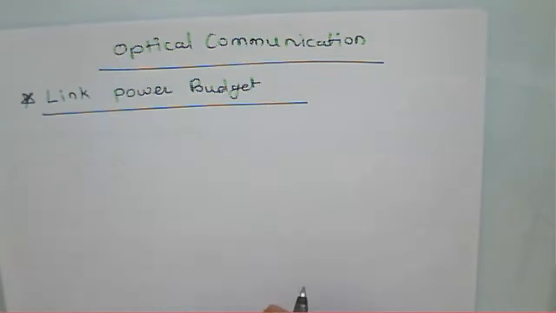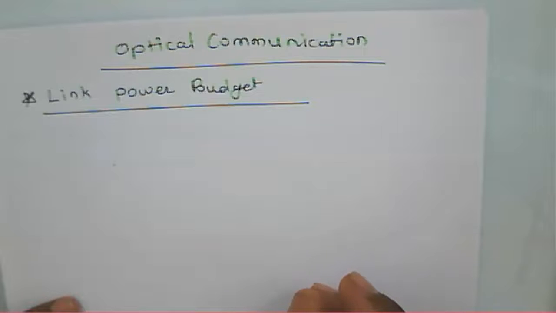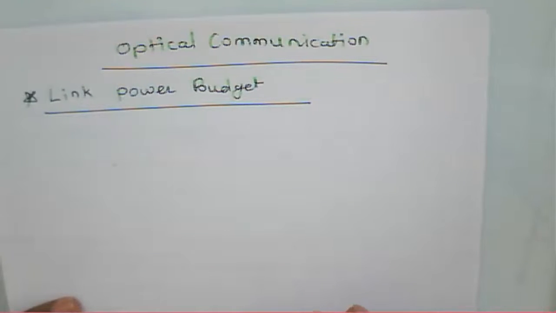In the link power budget, we need to know what will be the loss in the point-to-point communication or point-to-point link in an optical fiber.